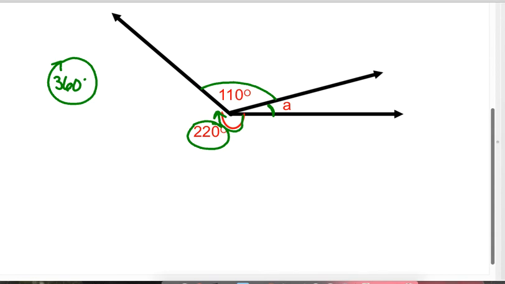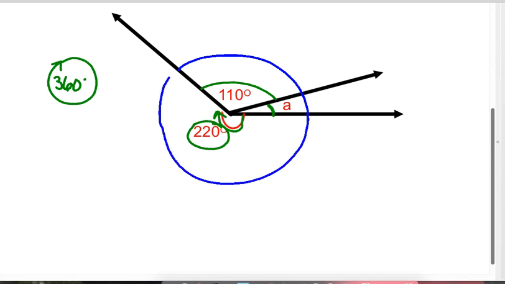Now, remember what I said. A complete circle is 360. Well, I know from here to here is 110, and I know that from here to here is 220. The only piece I don't know is A. So can you figure out what we would do?